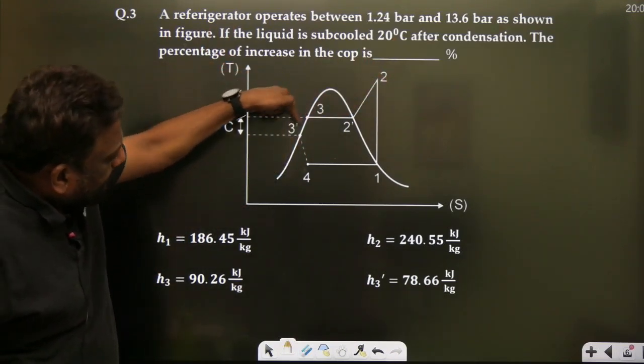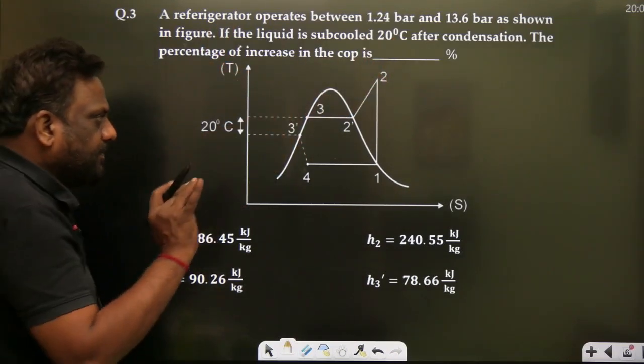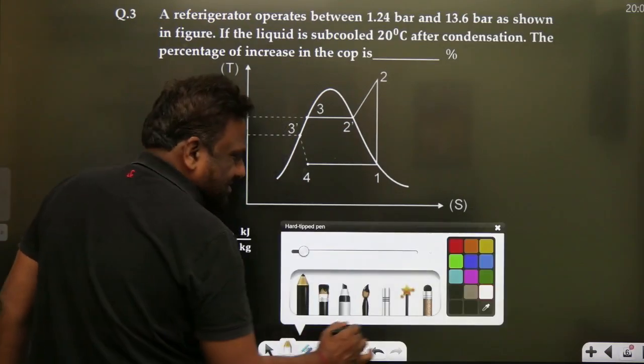If the liquid is subcooled, there are two cycles. Understand carefully.